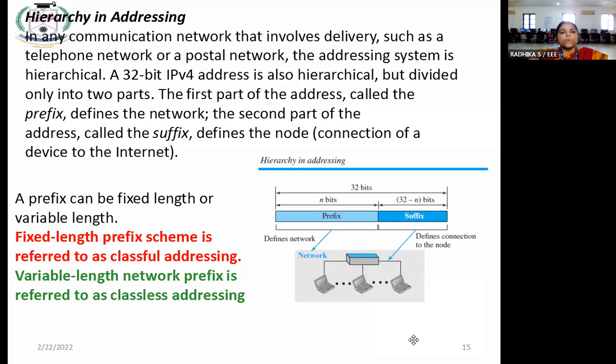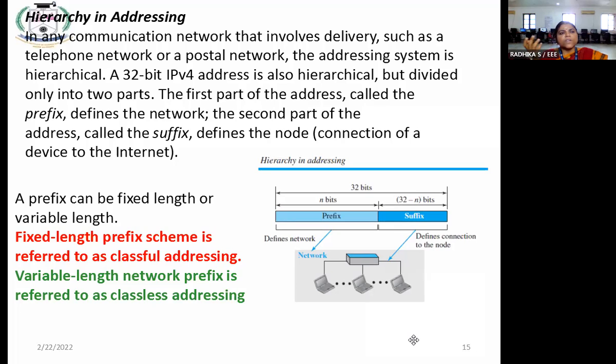So when I talk about addressing, addressing is hierarchical in nature, and your address is also hierarchical, having two levels of hierarchy. The first part of the address is used to specify the network. Take the example of our postal system.